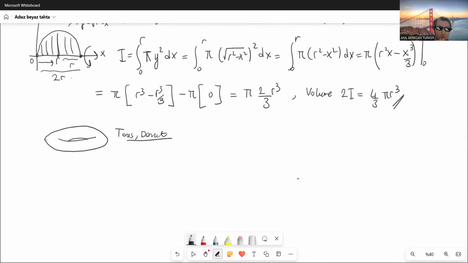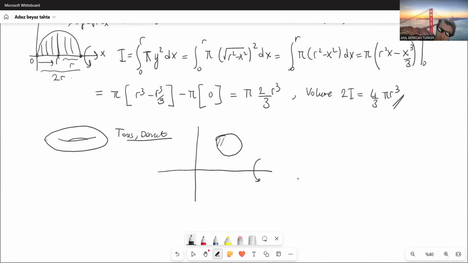Let's calculate the volume of a torus or donut. So the way of thinking of this is as follows. Consider a coordinate axis. Take a circle, and this circle shouldn't be on this axis. It's away from this axis, so that when you rotate it, right?